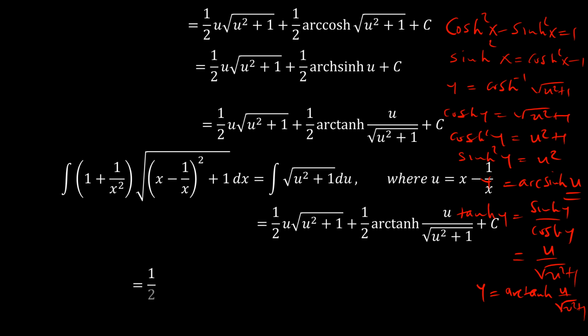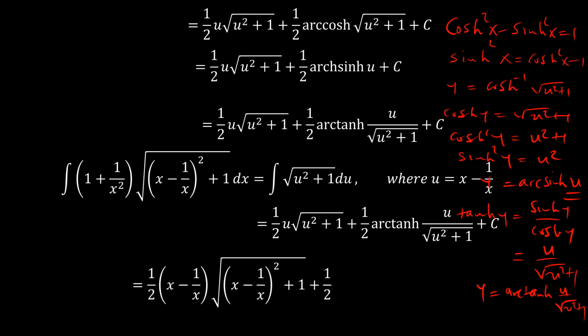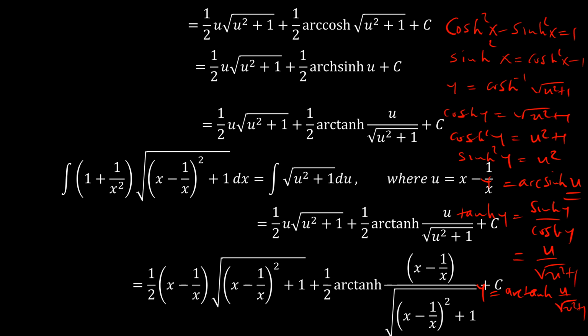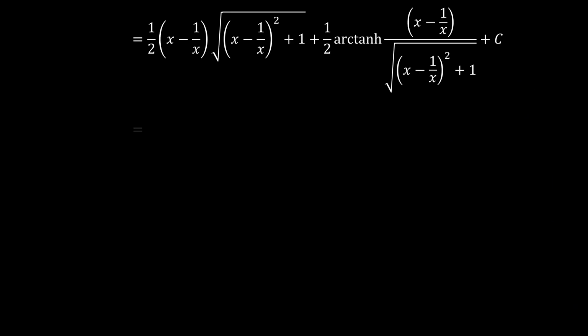We can now feed in place of u, we can put x minus 1 over x, and here the same, wherever you see u, we feed in x minus 1 over x, right? And then the next thing is just to simplify and see what we get.